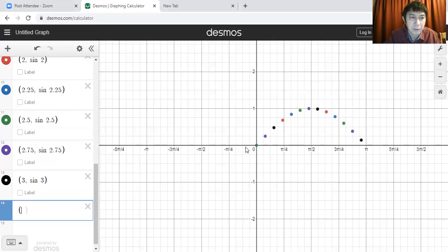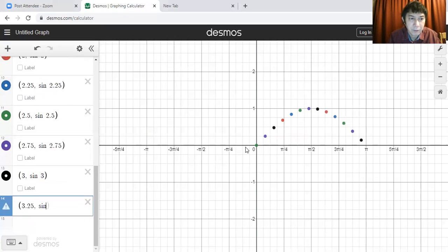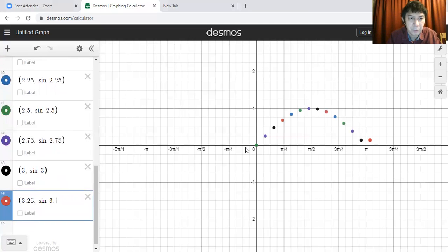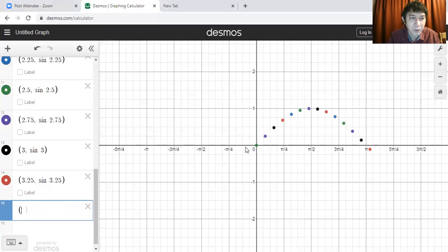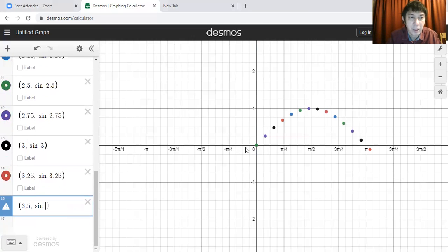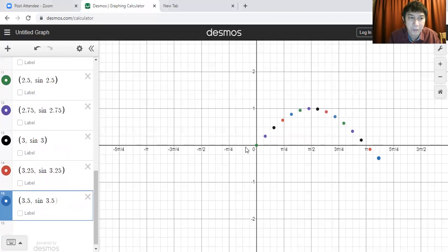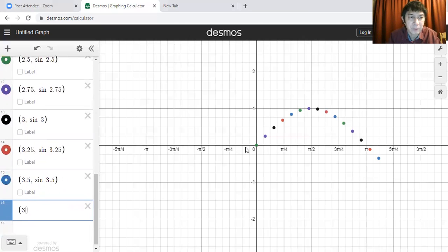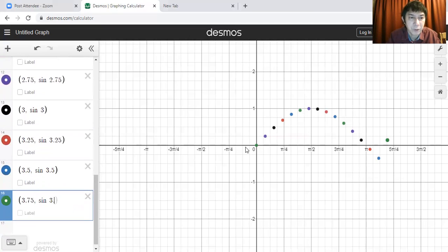Next x is 3.25, sine of 3.25. Next we have 3.5 for x, sine of 3.5 for y. And then 3.75 for x, sine of 3.75 for y.